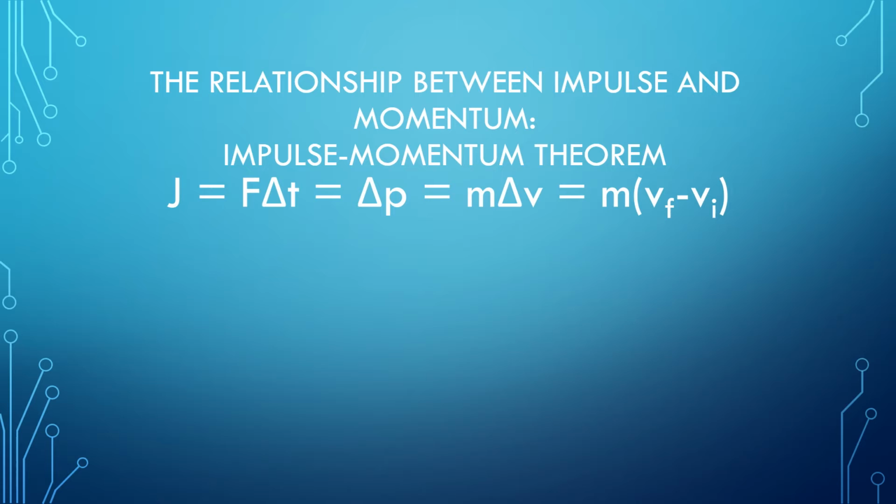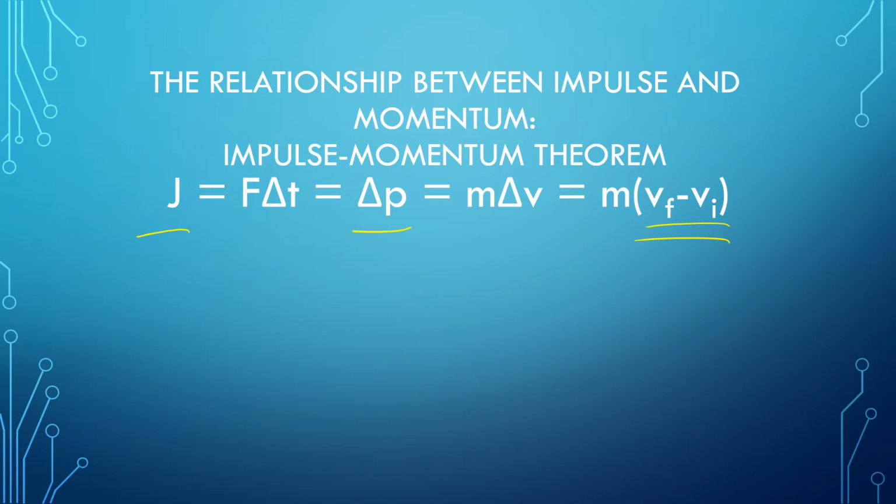So what is the relationship between impulse and momentum? It's in the impulse momentum theorem. So you'll notice how this kind of all equals each other. The impulse or the change in momentum is the same thing. Notice the change in momentum, change in P, is mass times the change in velocity, which is also over here too.